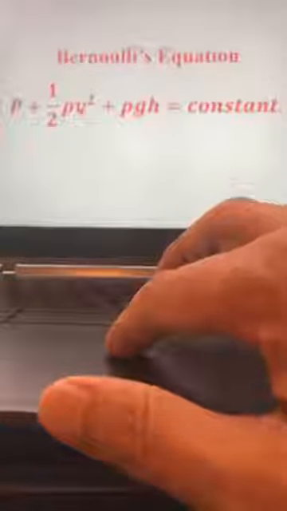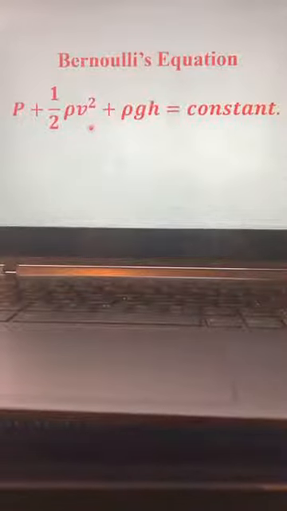Mass is in kilograms, volume is in cubic meters, so this is kg per cubic meter. And v is the speed. So that is the kinetic energy per unit volume.